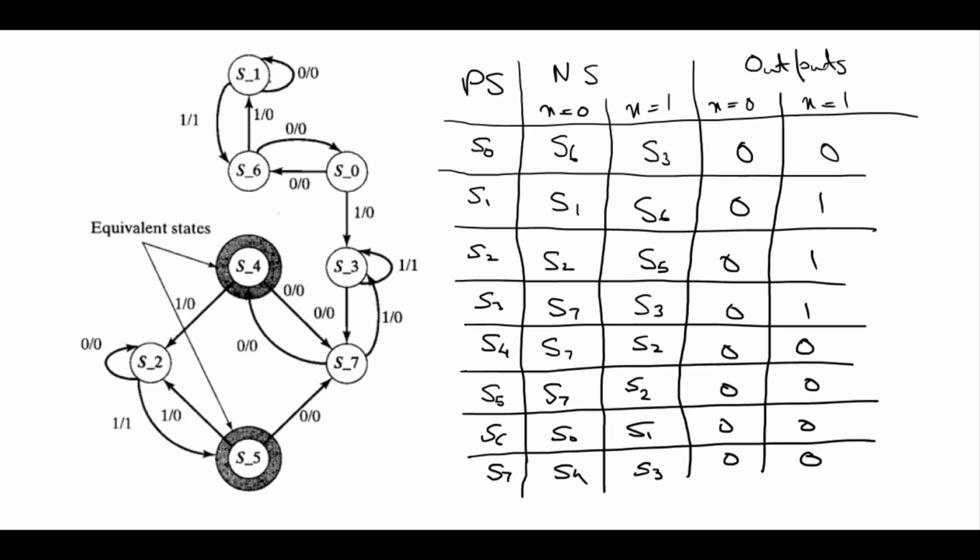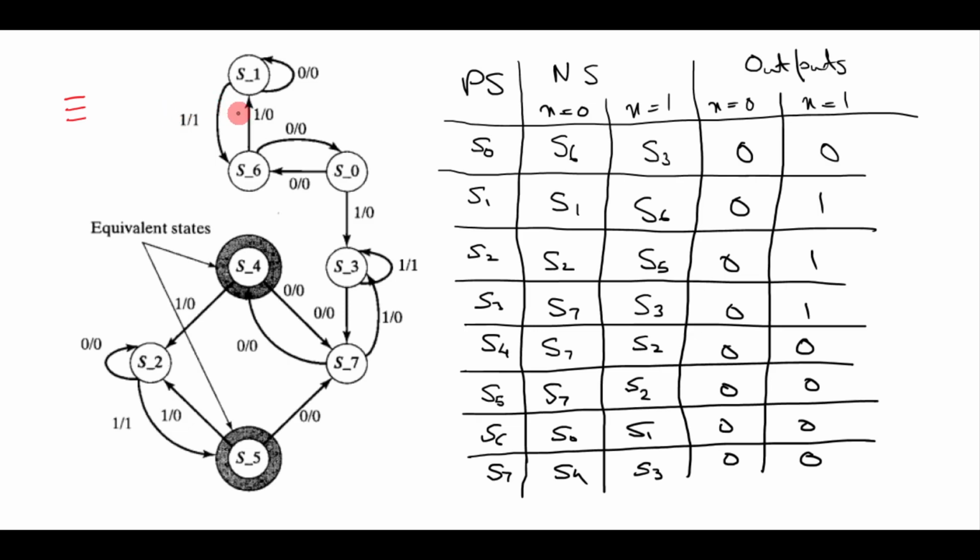Now your task is to reduce the number of states in this state transition graph, or try to find the minimal equivalent finite state machine. So the first step basically is you have to check all these rows, or you have to check the outputs. Two states of a sequential machine are equivalent. This is the symbol of equivalence.